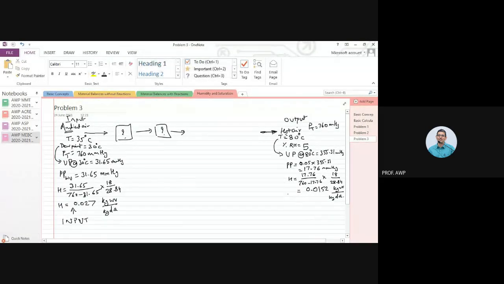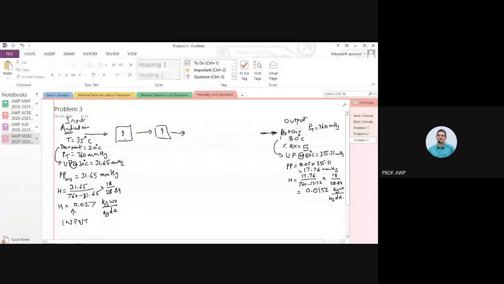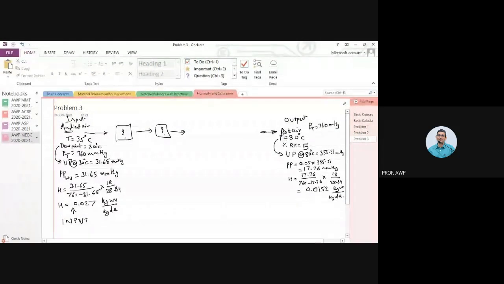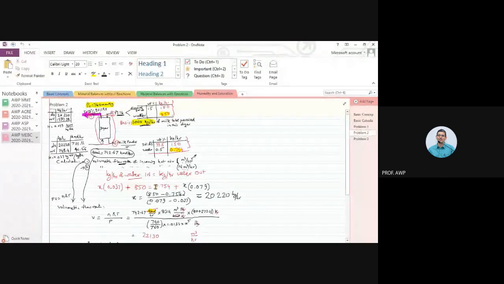I can't say I won't give 0.0152, I will give something else, because the dryer performance will depend on it. If this hot air is going to the dryer, then the dryer performance will depend on the humidity, isn't it? We saw in the previous problem, the dryer problem, right?